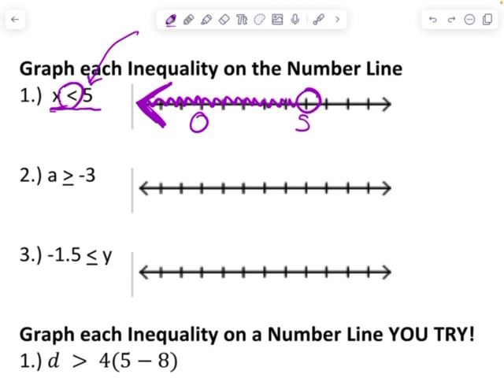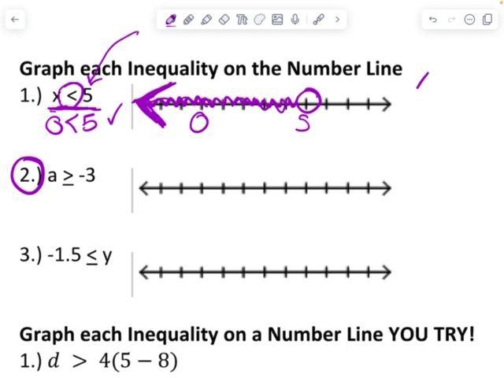Remember, when we talk about solutions, it's any number that makes it true. So let's test 0. If I see my inequality, let's write it over here. I see x is less than 5. I'll plug in 0 is less than 5. Is that true? Absolutely. That's why I'm shading through my number 0.